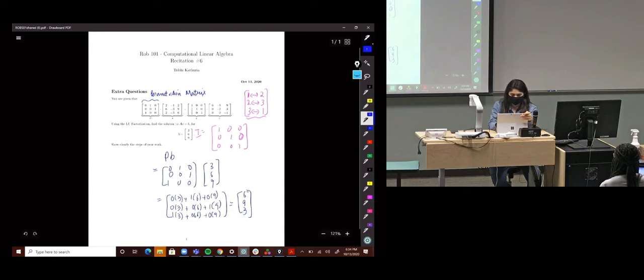The first number becomes the second number, the second number becomes the third, and the third number comes from the first number.